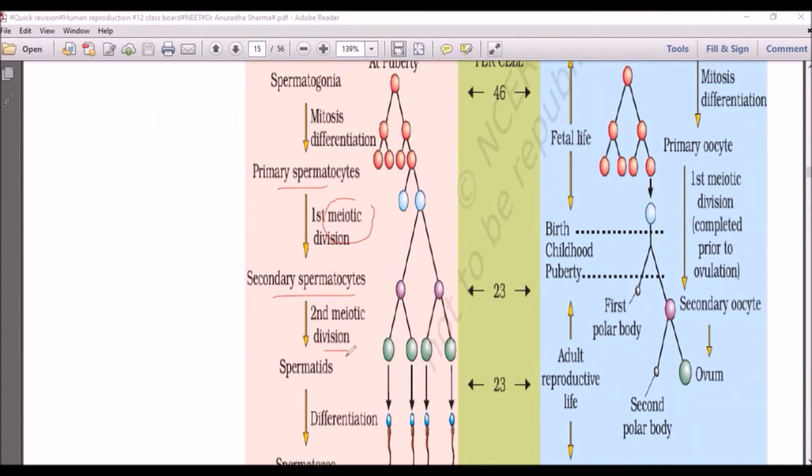The secondary spermatocytes undergo the second meiotic division to form spermatids, which finally undergo differentiation to form spermatozoa. So spermatozoa is the final product. This is the entire process of spermatogenesis, how the spermatogonia undergo successive mitosis and two divisions of meiosis and result in spermatozoa.